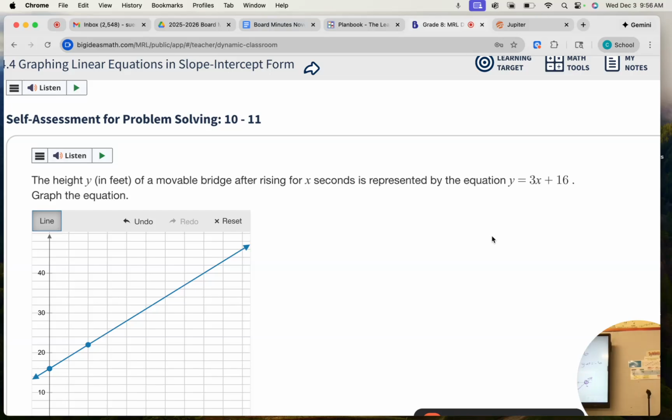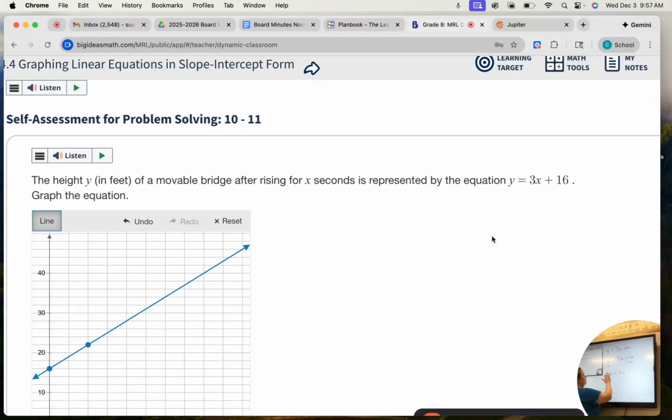Do you guys want me to do that on the screen? Okay. The original equation is y equals 3x plus 16. We're plugging in the 76 feet where the y is. Now we're solving for x.